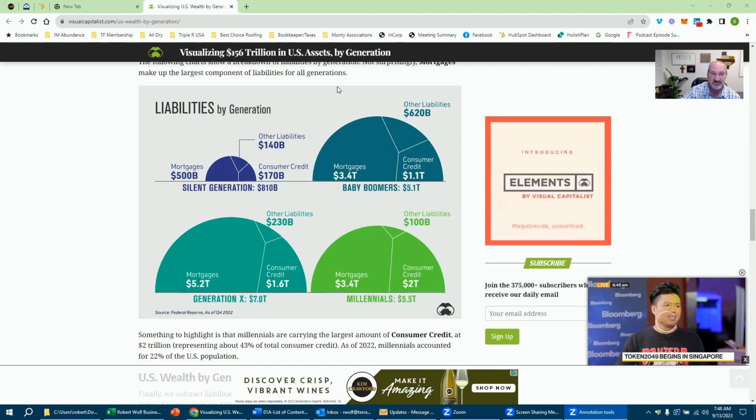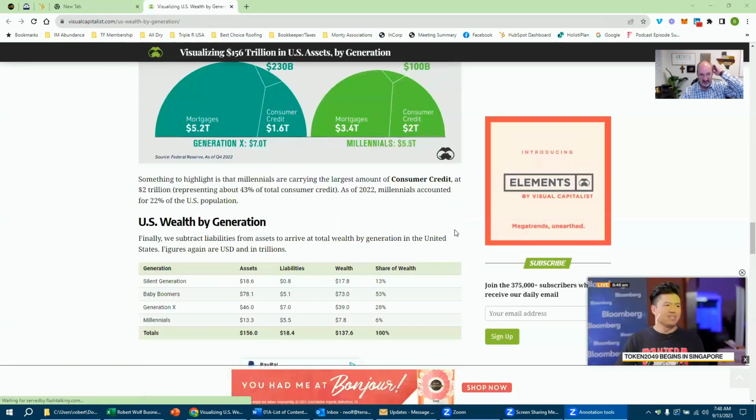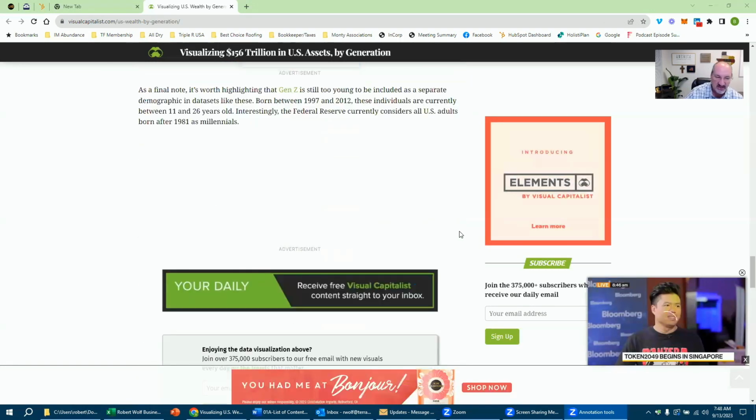That makes sense with real estate being as much as that is. Consumer credit, not that big of a deal, in my opinion. 500 billion in mortgages for the silent generation. Gen X, 5.2 trillion in mortgages. So we see some assets, we see some liabilities, a little spreadsheet.